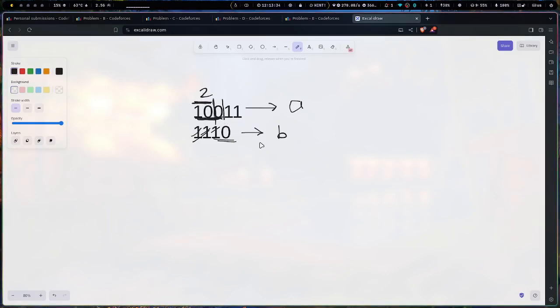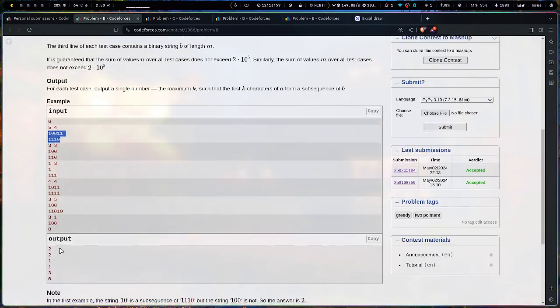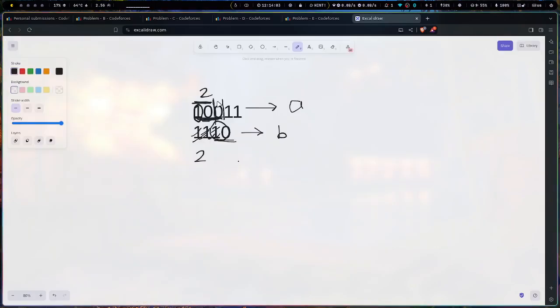The minimum length is 1, because 1 is always present here. But we need to find the maximum prefix that is present, and the maximum prefix is 1 0. So the maximum length of that prefix is 2, so the answer is 2. Okay, we will take another example, where the answer is 3.